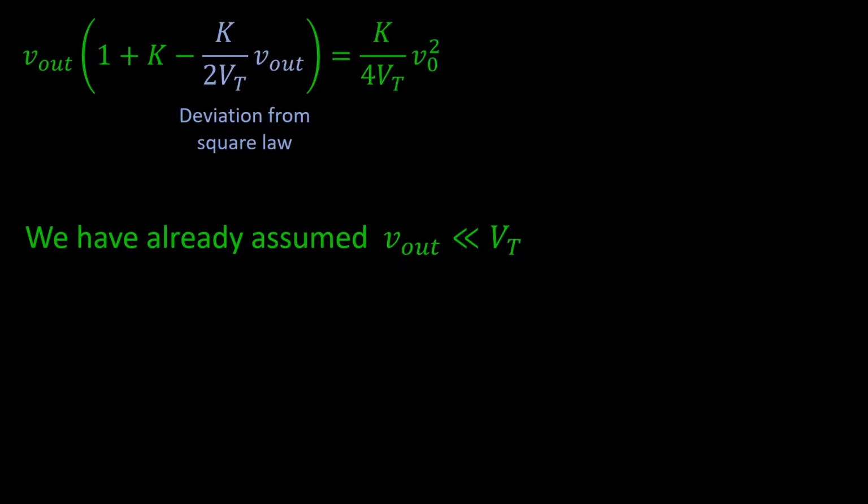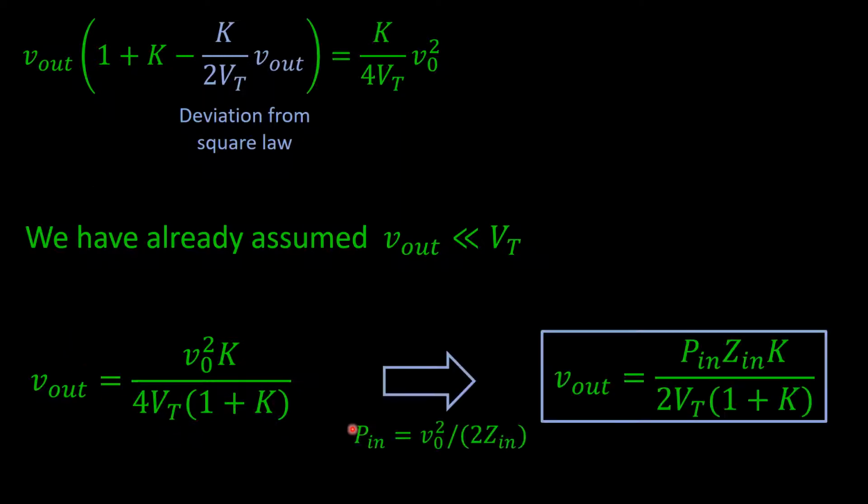So if this is the case, we see that this term is much less than this one. And if it is not the case, we should add higher order terms of the series expansion that we have already ignored. So we can safely remove it from our equation.